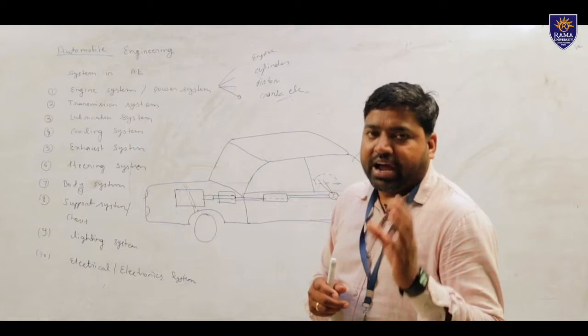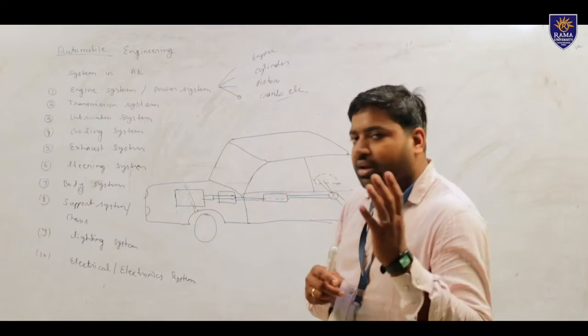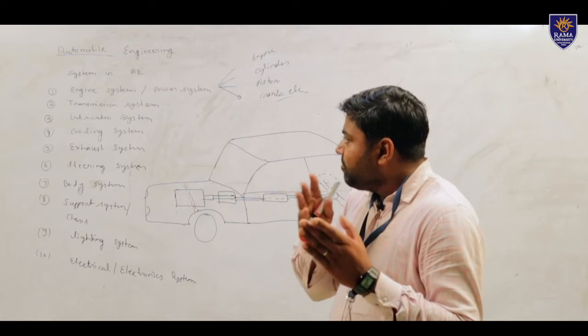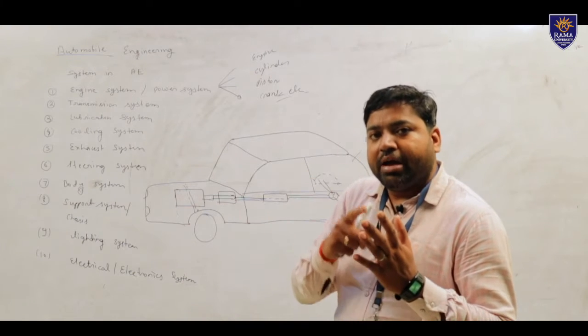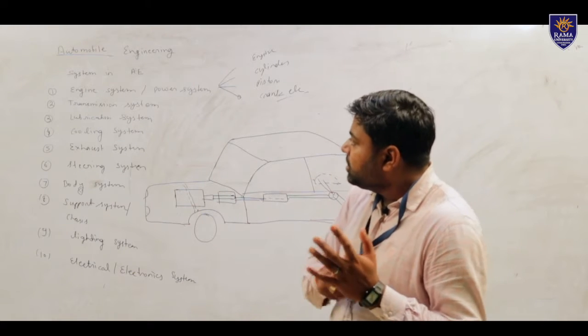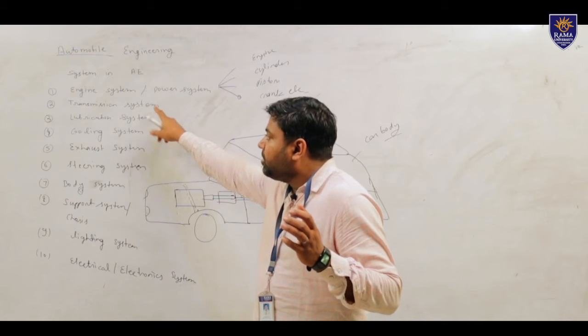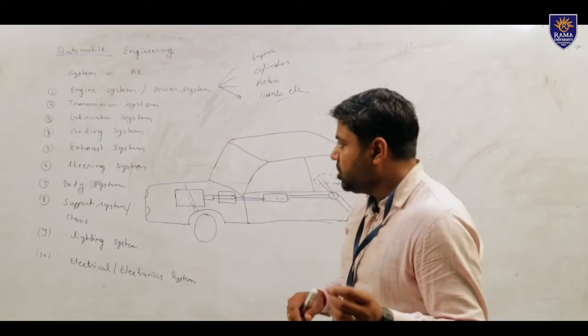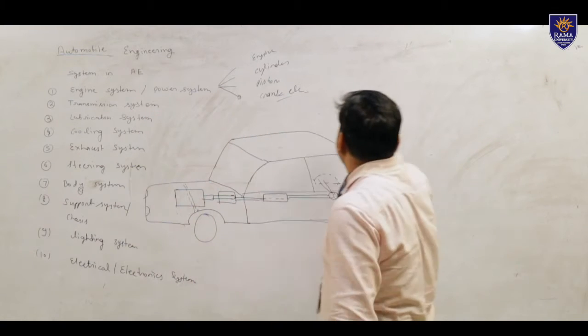The flywheel will absorb the energy of the engine, and then the flywheel will be connected to the clutch, and that clutch is the primary component of the transmission system. And after the clutch, the transmission system will be activated.